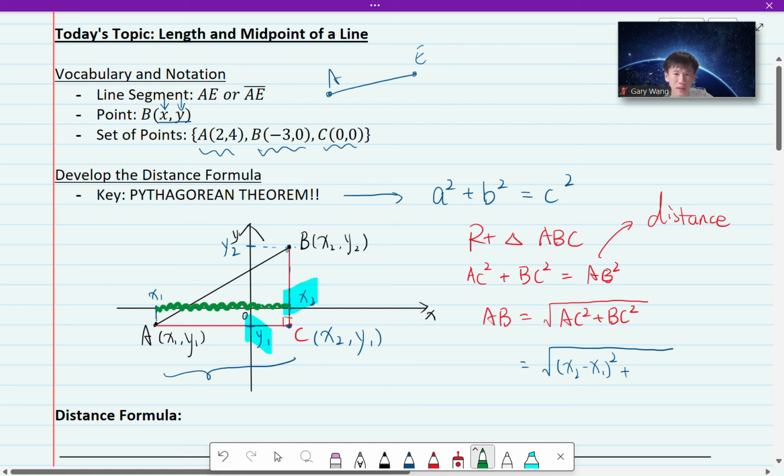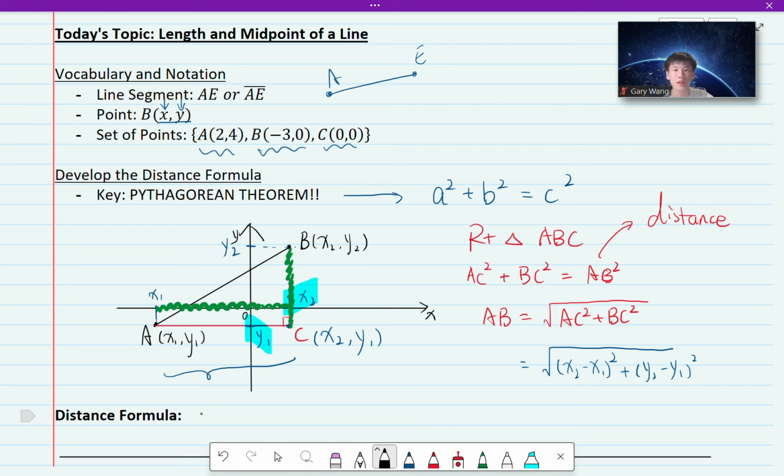BC is the distance right here, and we can see that it is the distance between y1 and y2. So the distance for BC is exactly equal to y2 minus y1, squared. And this is the exact form for the distance formula for a line segment.